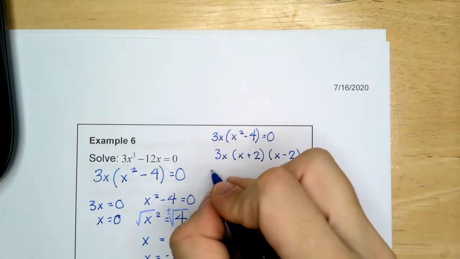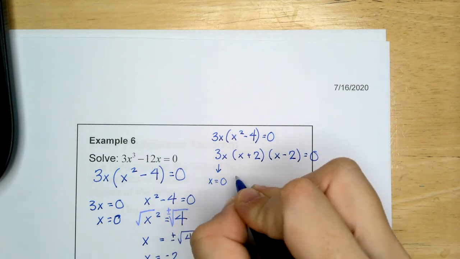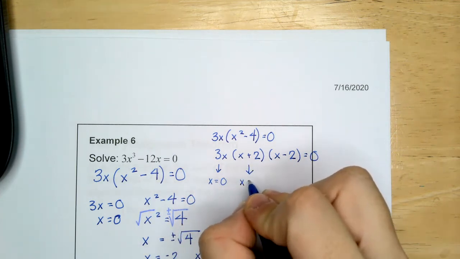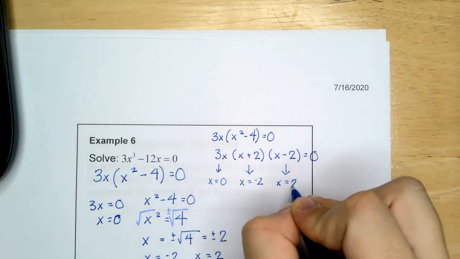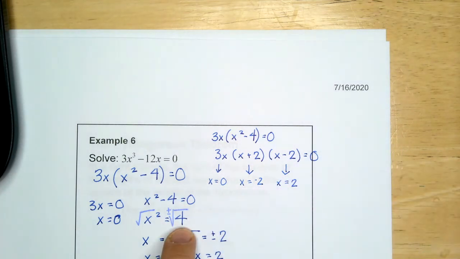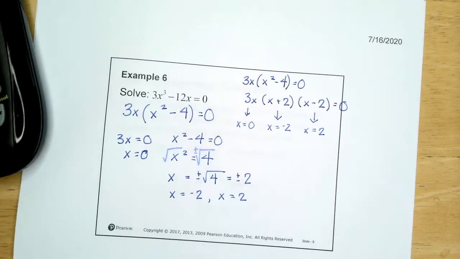And so then you still get here, you get x is 0. Here you get x is -2. And here you get x is 2. So you get the same answer. It depends on whether you want to use the radical or you want to use the difference of two squares. Okay.